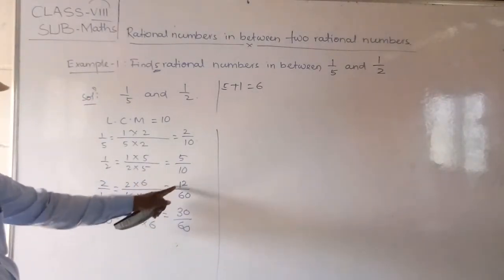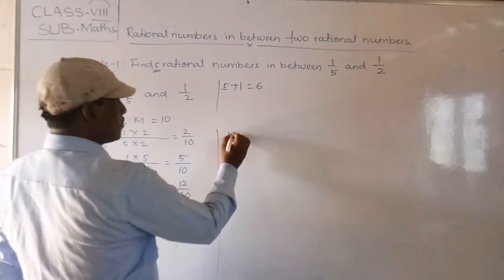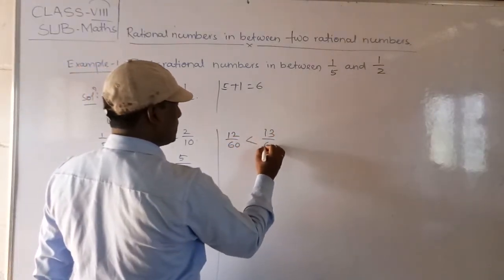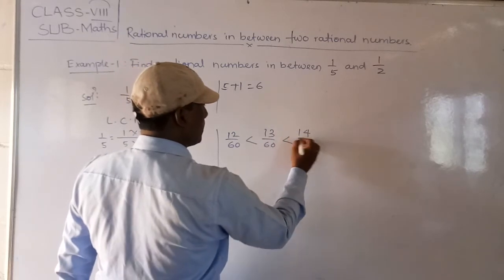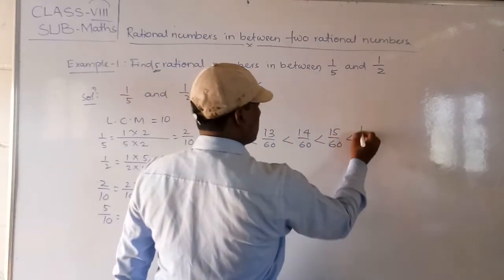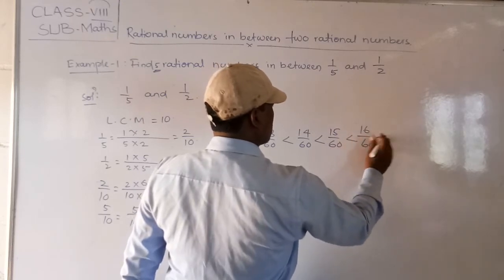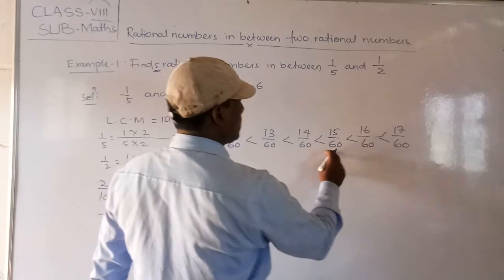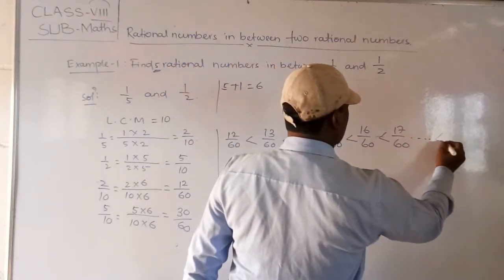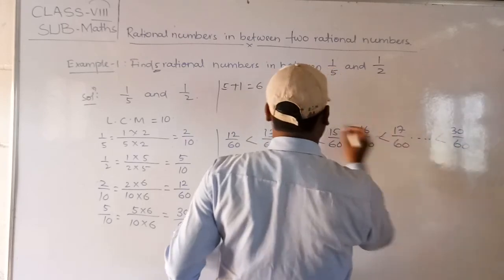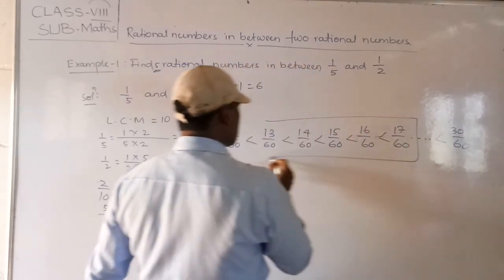Now we have to see: 12 by 60 is smaller than 13 by 60, smaller than 14 by 60, smaller than 15 by 60, smaller than 16 by 60, smaller than 17 by 60. That is 1, 2, 3, 4, 5. The last one is 30 by 60. So these are the 5 rational numbers in between.